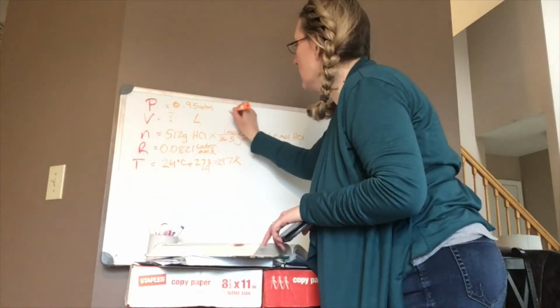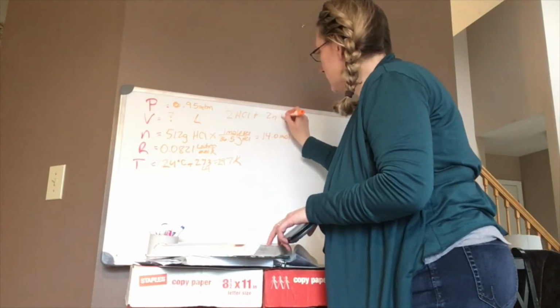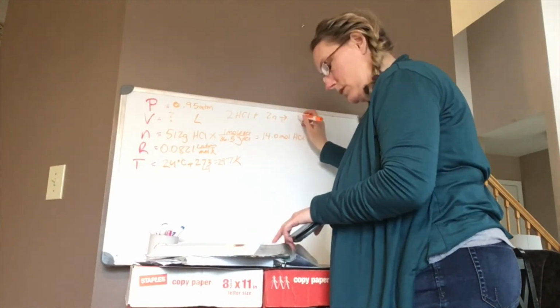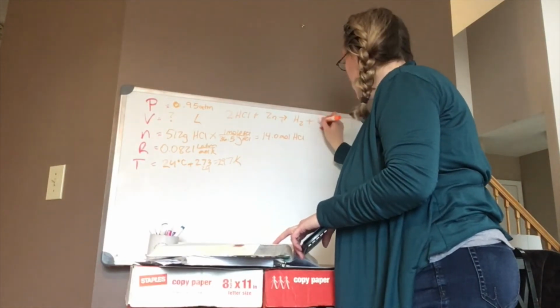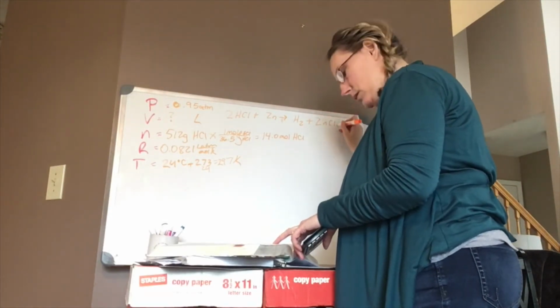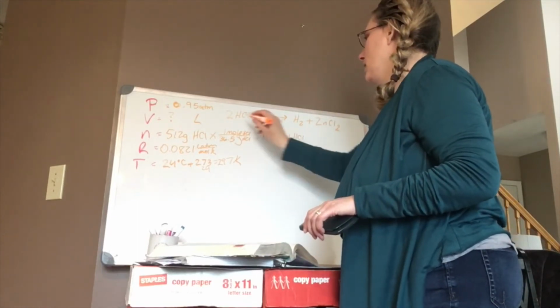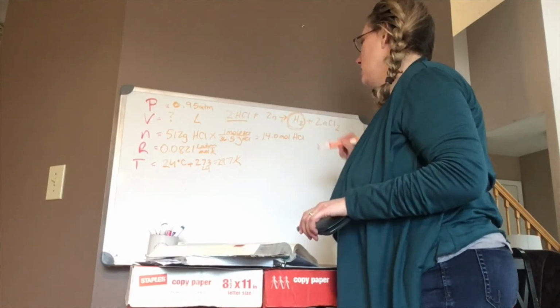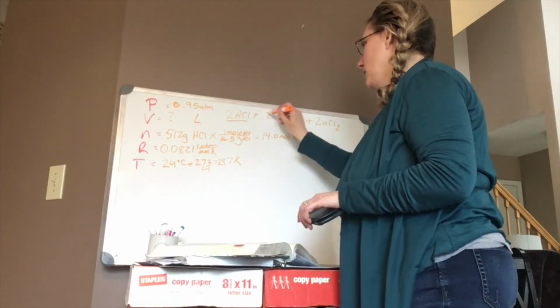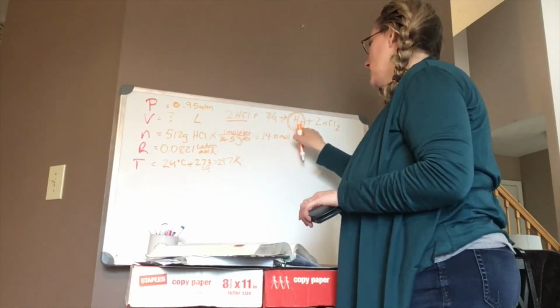I didn't write it down here. 2HCl plus zinc turns into H2 gas plus zinc chloride. I figured out how many moles of HCl I have, but they want me to know how many moles of this I'm producing. They told me that's excess. So how do I go from here to here?